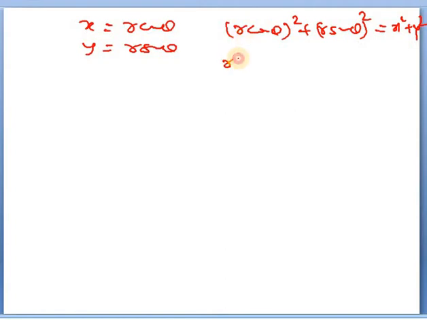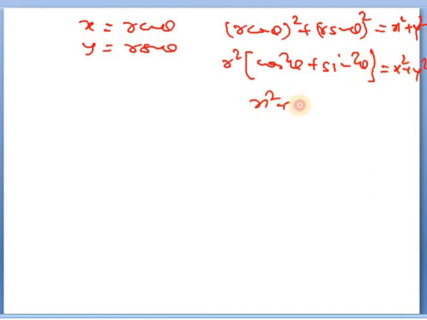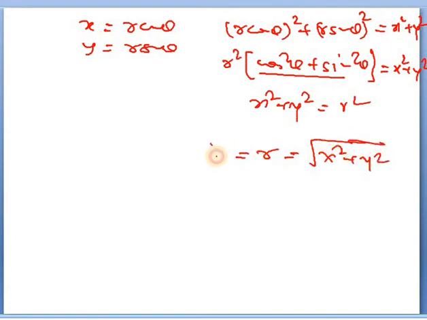So r square is common: cos square theta plus sin square theta, and x square plus y square is equal to r square. Why? Because sin square theta plus cos square theta is 1. So r is the square root of x square plus y square, which is nothing but the modulus of a complex number. Now we'll go ahead and find out theta.